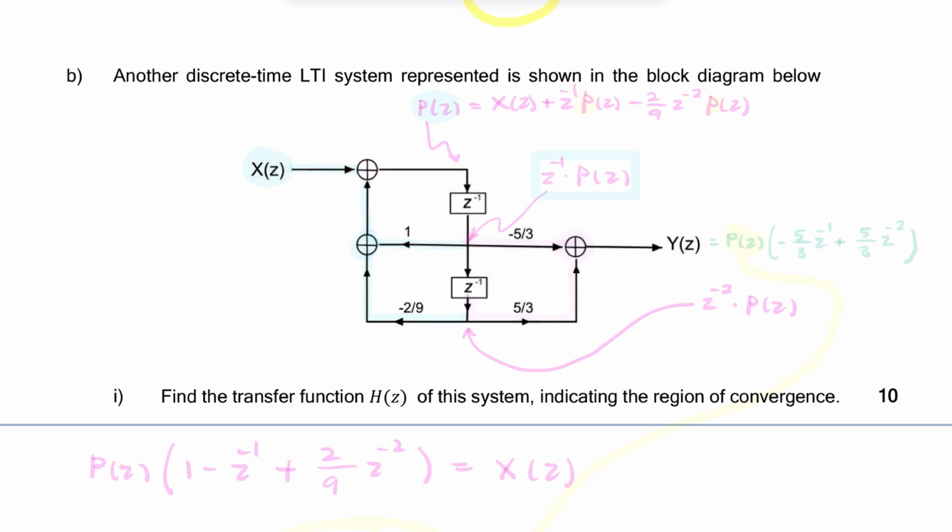I'm going to call this point here P of z, so that I know at this point here I have a delayed version of P of z, so z to the minus 1 times P of z, and at this point here I have a further delayed version, so it's z to the minus 2 times P of z.